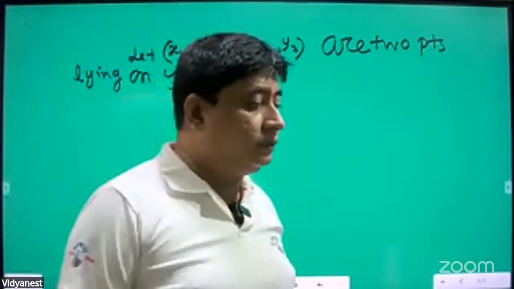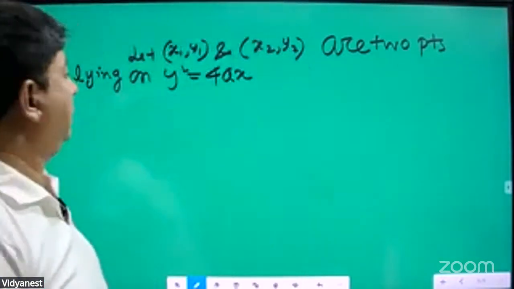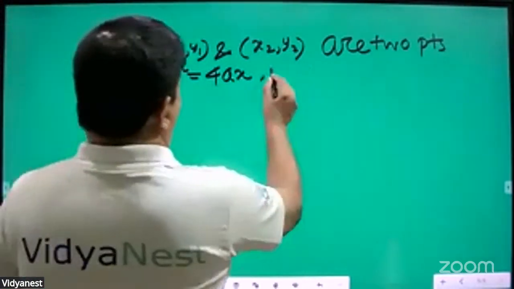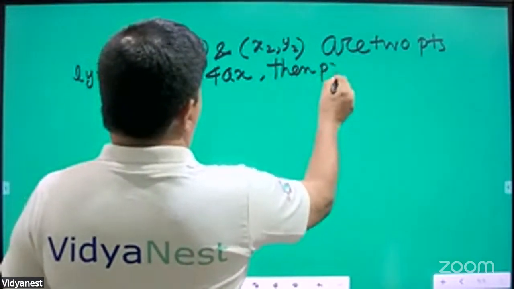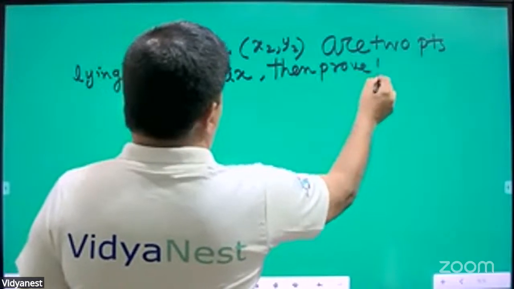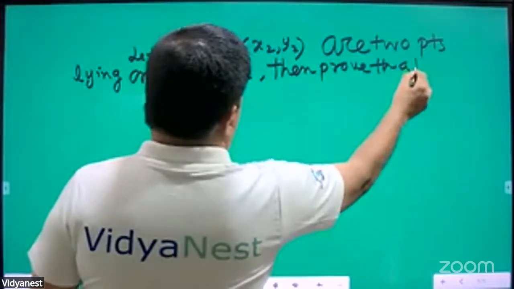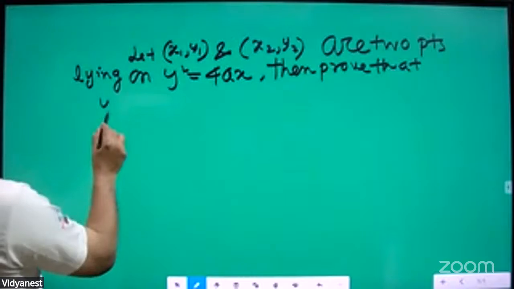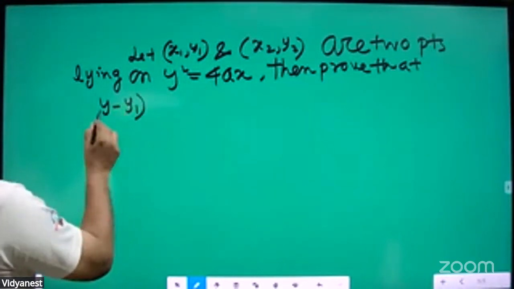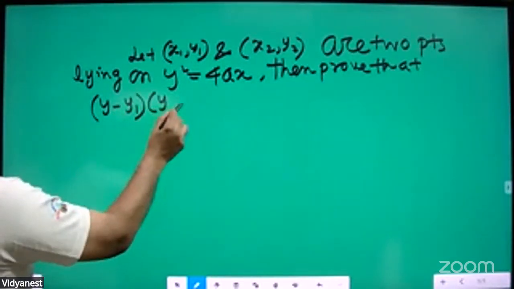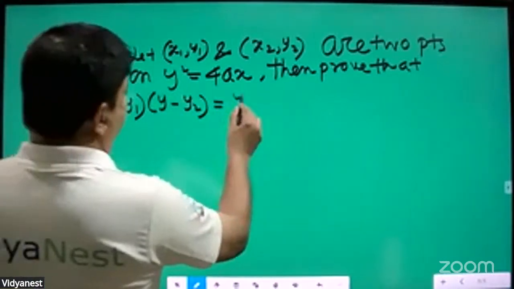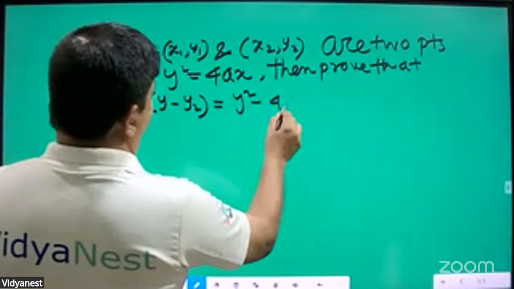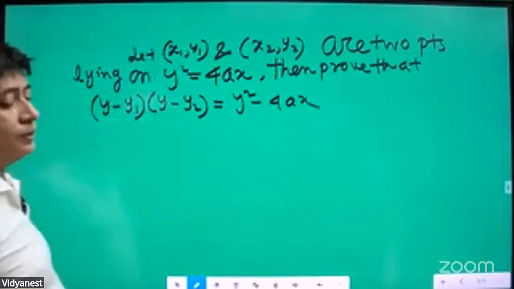Now, prove that y minus y1 into y minus y2 is equal to y square minus 4x.